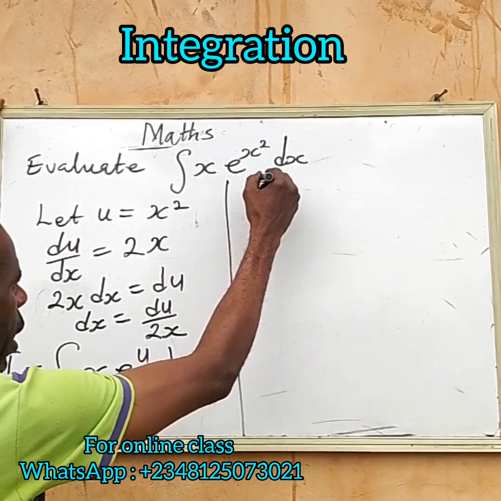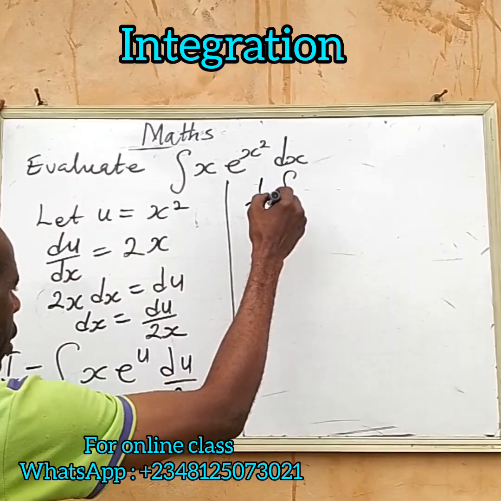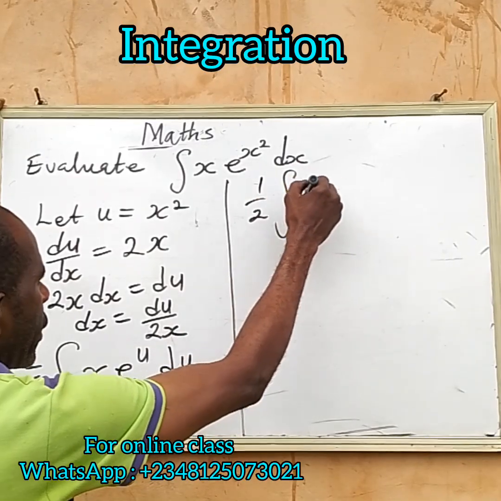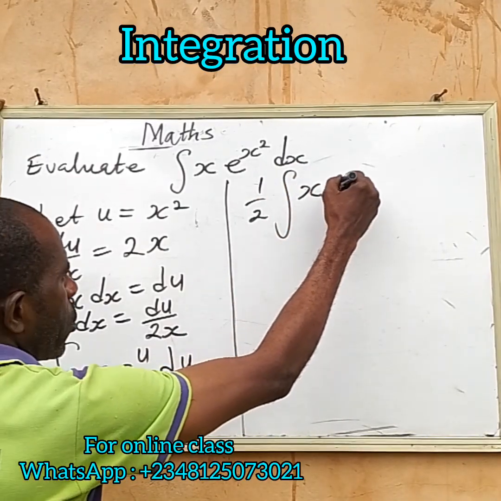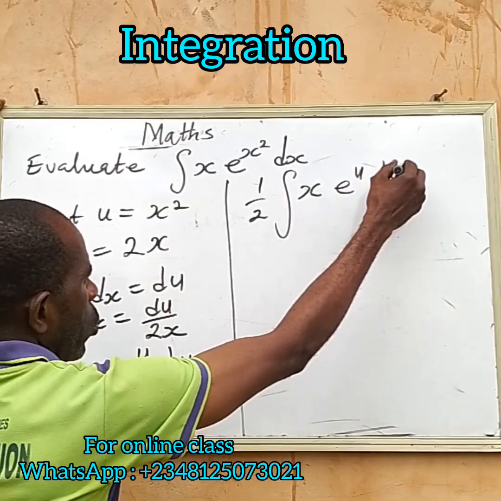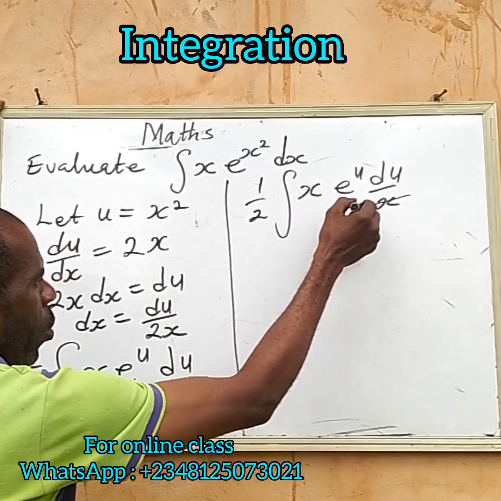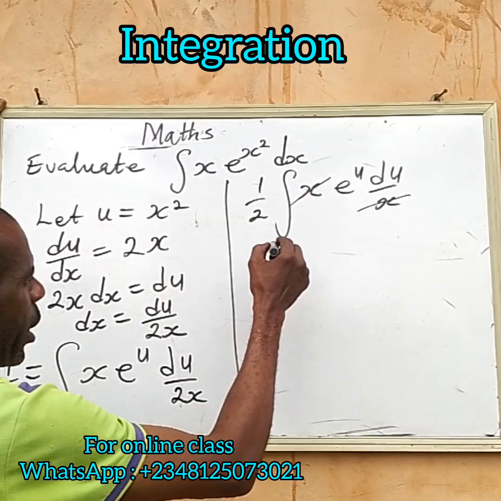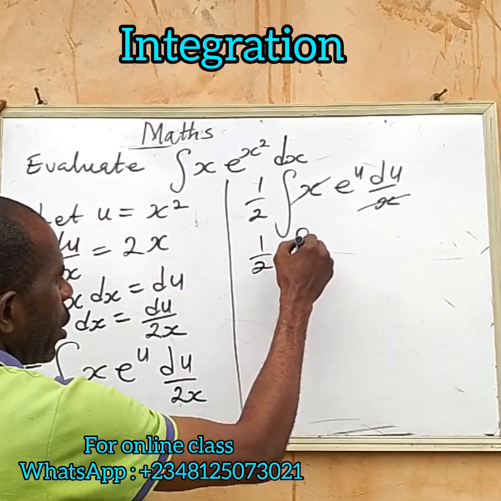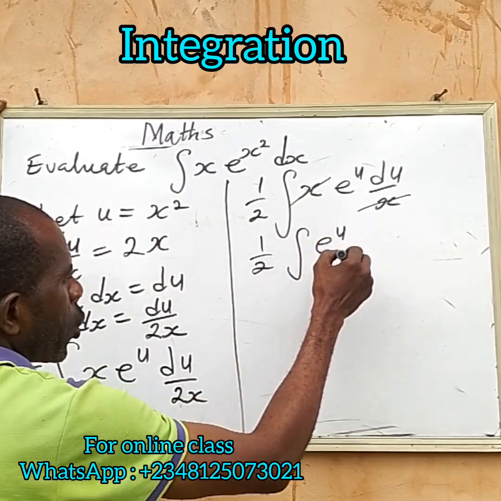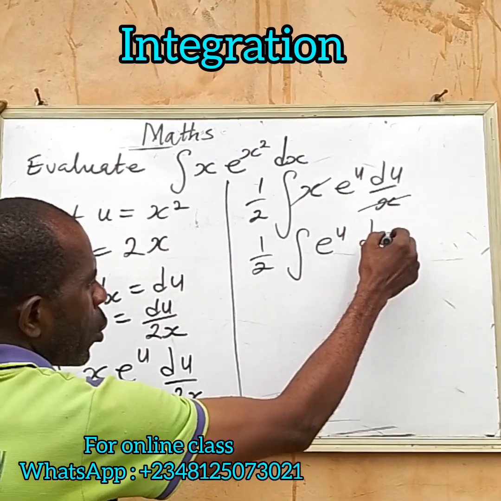Then we have x exponent u du over x, so this x here cancels this x. So we have 1 over 2, the integral of exponent u du.